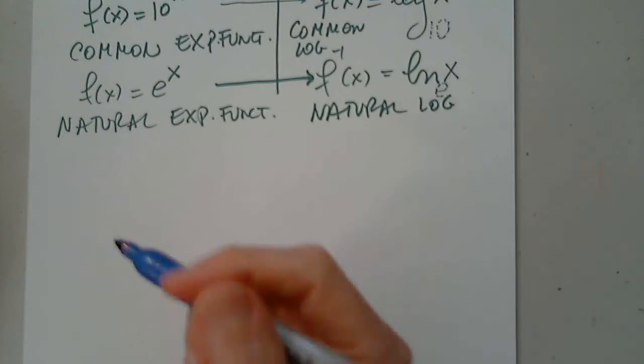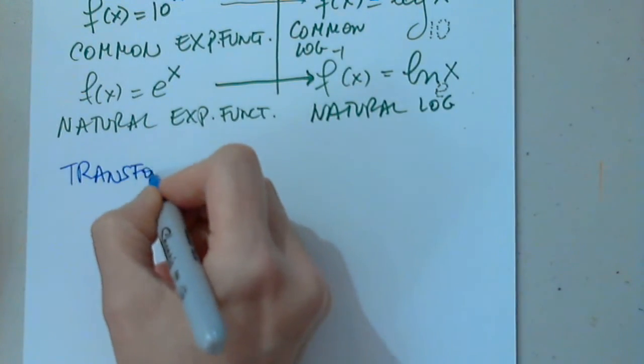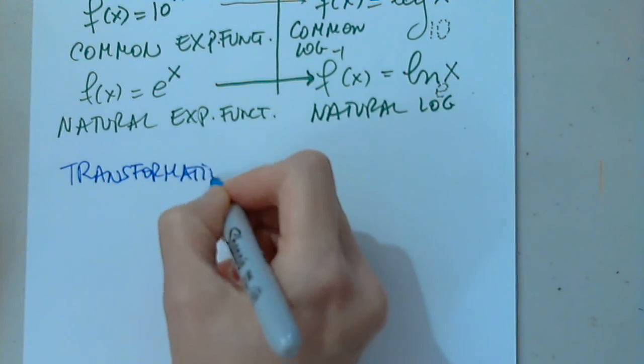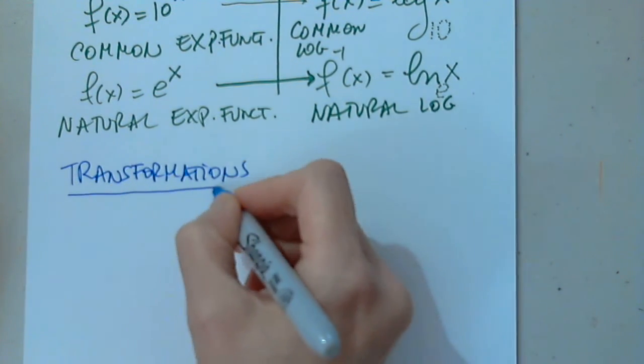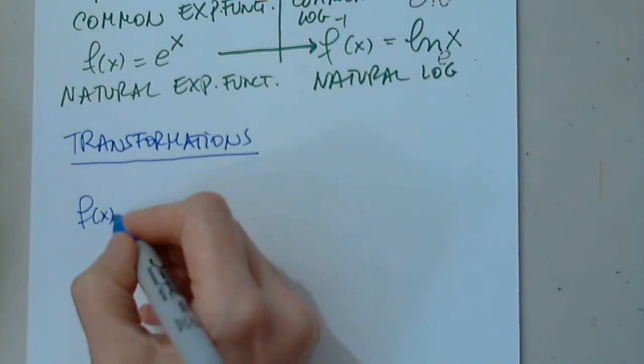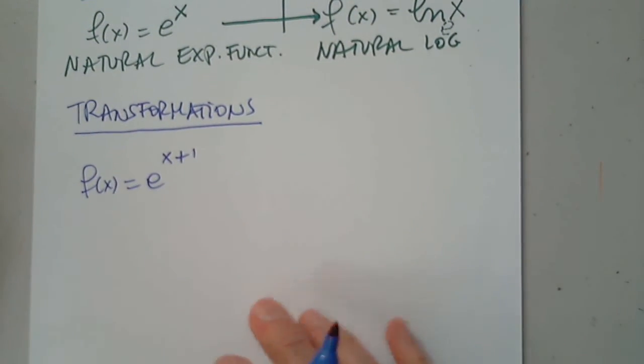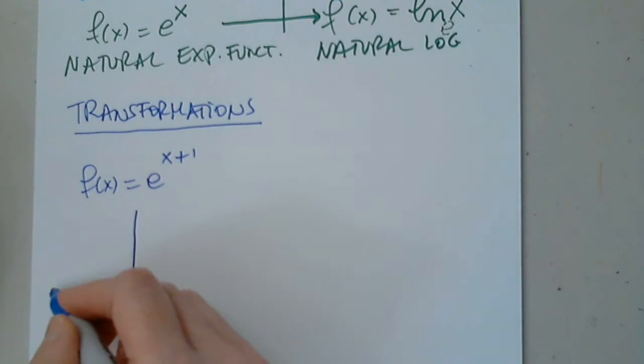Next, I would like us to look at transformations. When you graphed, for example, f of x equals e to the x plus 1, you initially graphed e to the x.